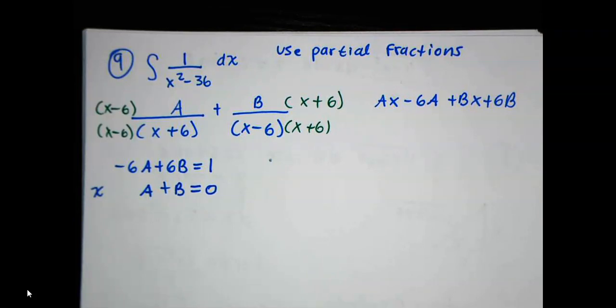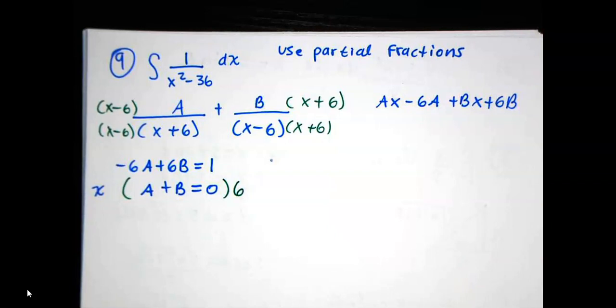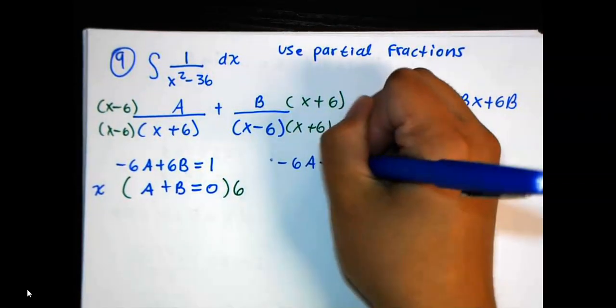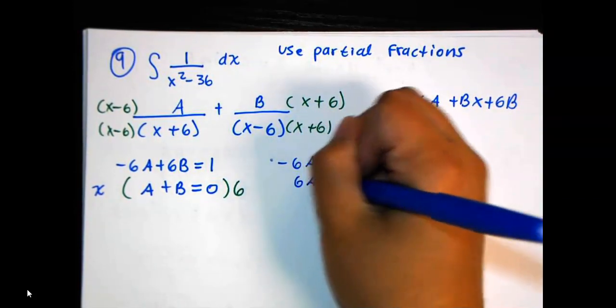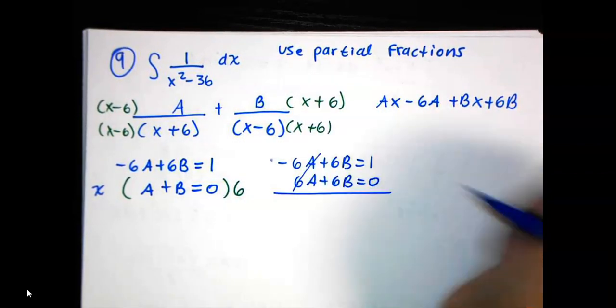So what I'm going to do, I'm going to multiply the second equation by 6. We have negative 6a plus 6b equal to 1, and 6a plus 6b equal to 0. That cancels out. We have 6, 6.